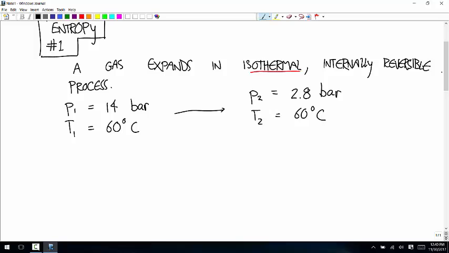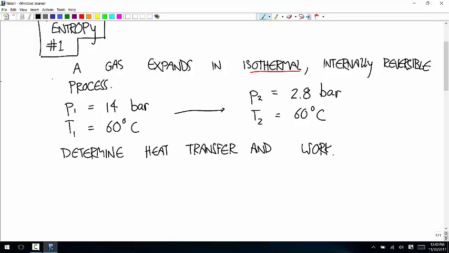And it says determine the heat transfer and the work if the gas is, there are two cases.